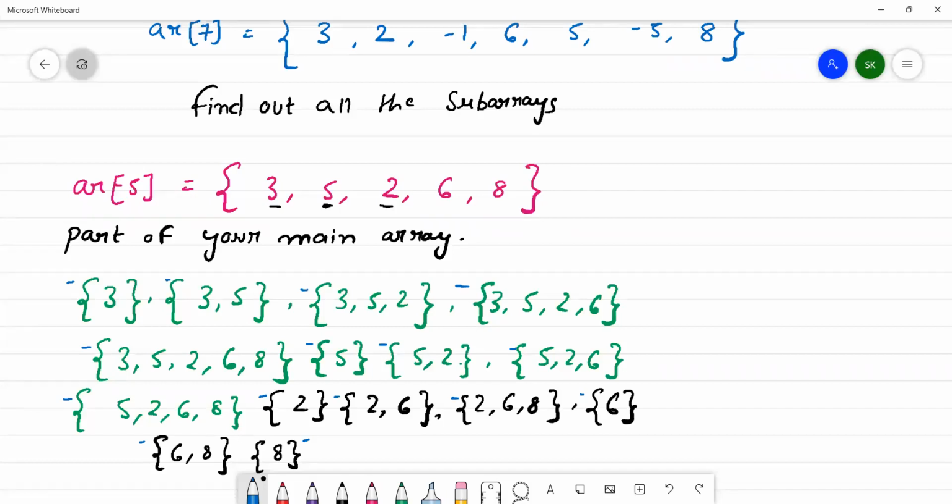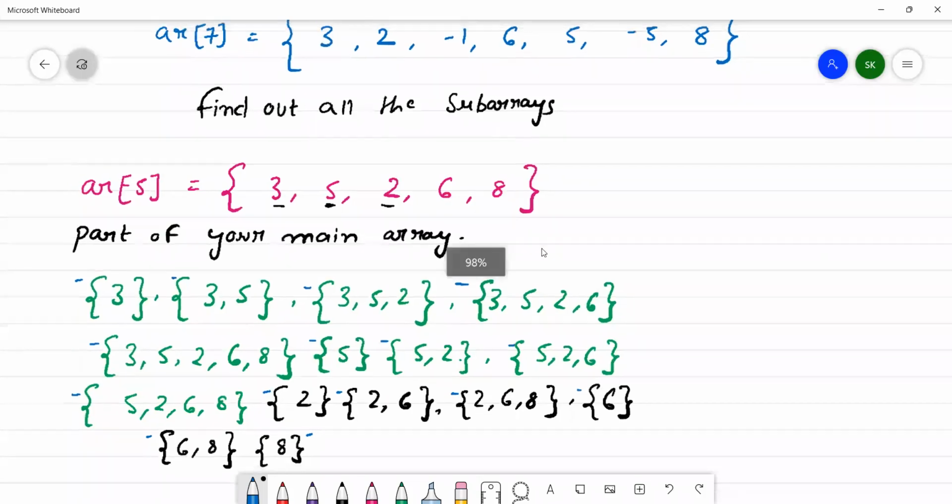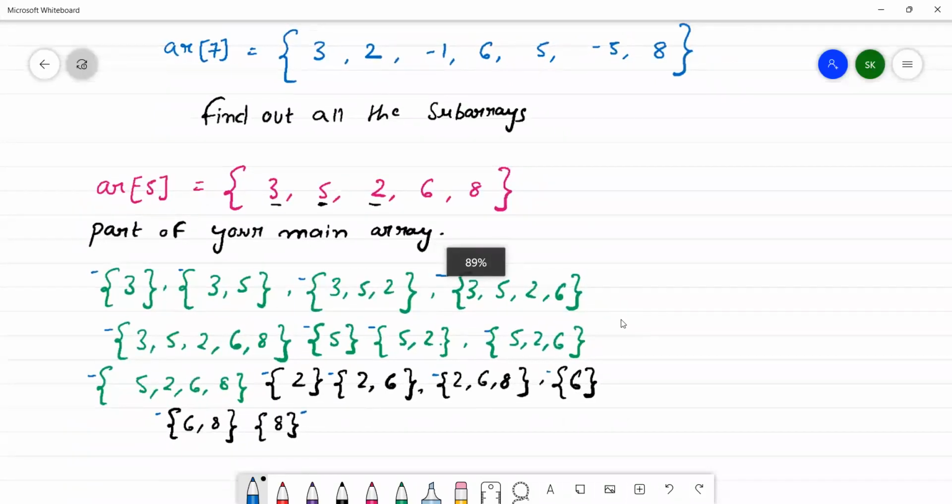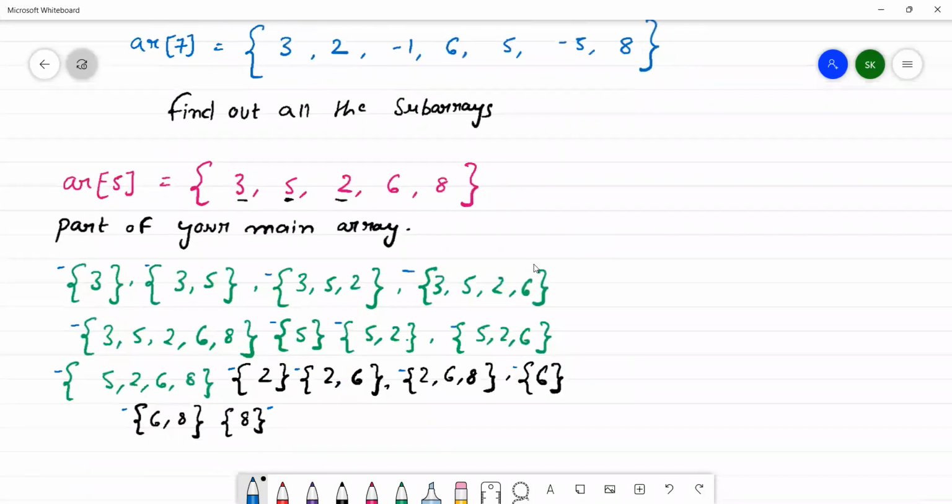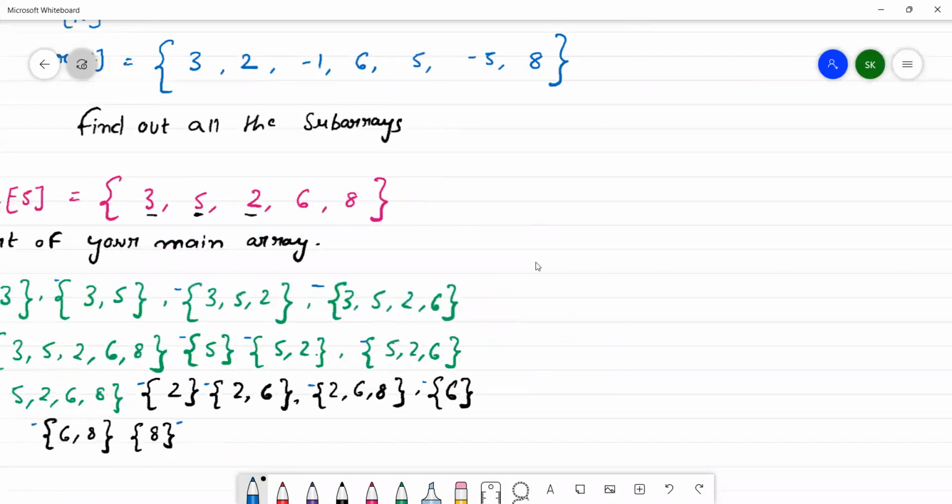Vishnu, I didn't get you. Okay, clear. Good. So now our task is to find the subarrays programmatically.